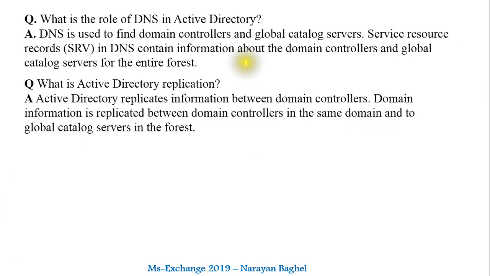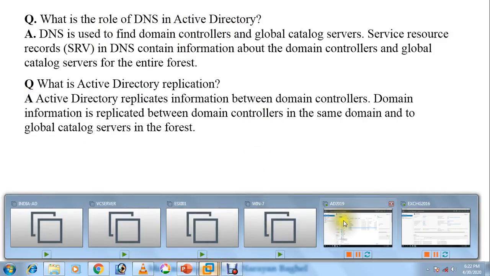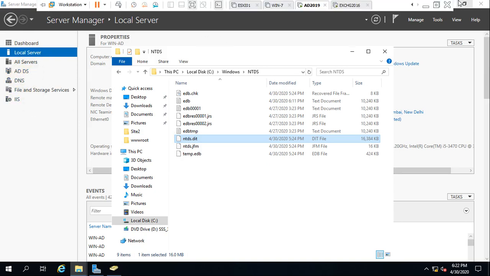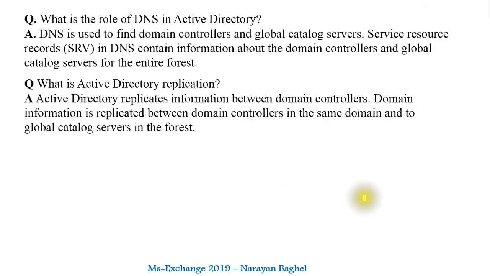Next thing you should understand is the role of DNS in Active Directory. When you install Active Directory, DNS is installed automatically, as an integrated part of Active Directory. The basic use of DNS in Active Directory is to find domain controllers, and second, to find the global catalog server.